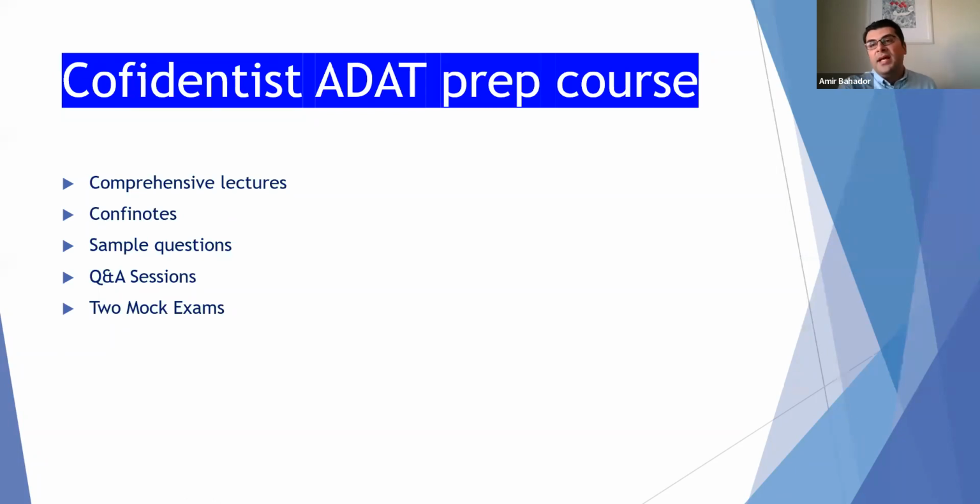The second point that I considered when I was gathering everything and preparing the Confi notes was trying not to overwhelm students, because there are lots of topics that should be covered in this exam, and this exam doesn't dig in that much.